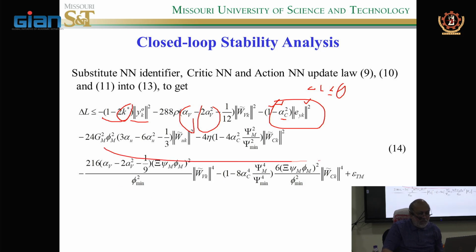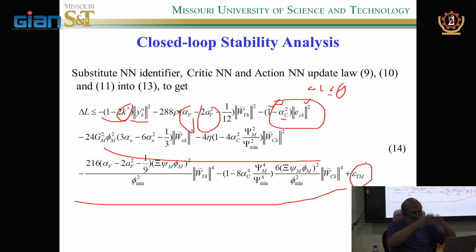So all this stuff comes out of the math and you get a constant. This constant is all the approximation errors. If this constant is 0, most likely you can show asymptotically stable. Since this constant is non-zero, we can only show boundedness in the mean square.